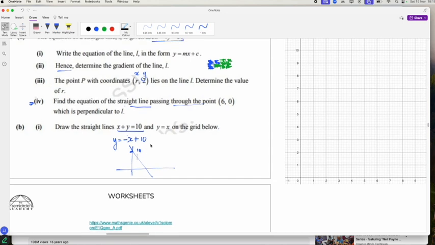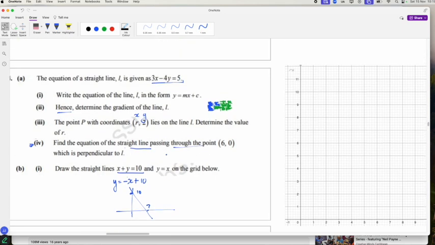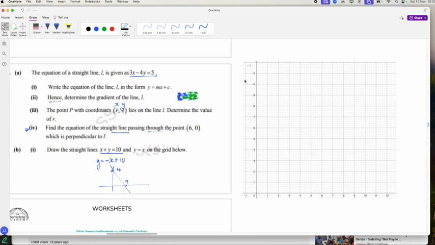I don't know how steep it is, but it does have a negative gradient. So this line is going to look something like this. You're supposed to be able to look at your lines and immediately tell.